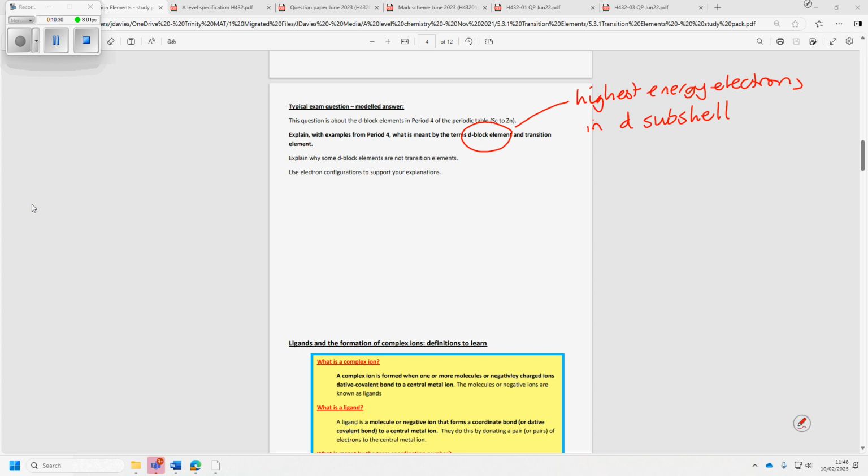A transition element is an element that forms an ion with a partially filled D subshell.